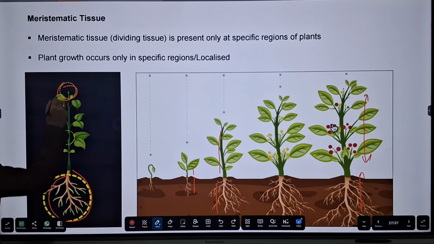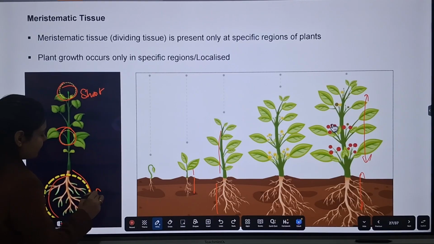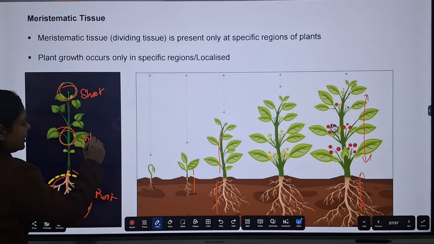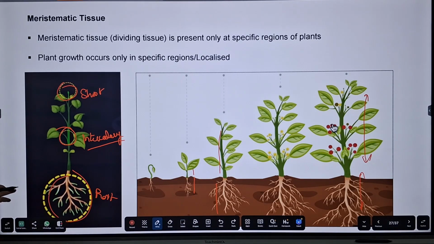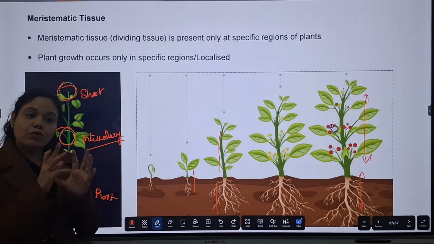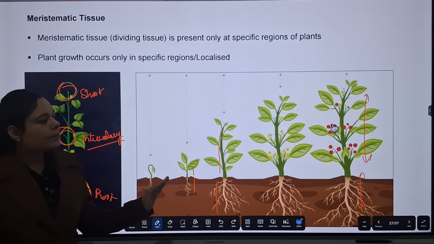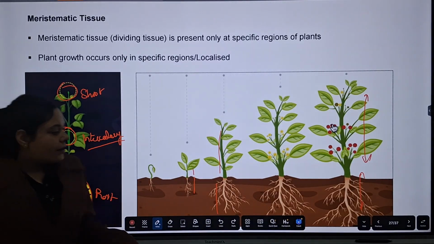Meristematic tissues are localized in plants. Some are present in the apex, shoot apex, root apex. In case of monocots, we see intercalary meristematic tissue. So they are located at specific regions in the plant. So the growth is seen only in those regions of the plant. That makes the growth in case of plants non-uniform, right?